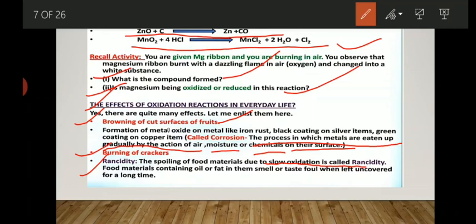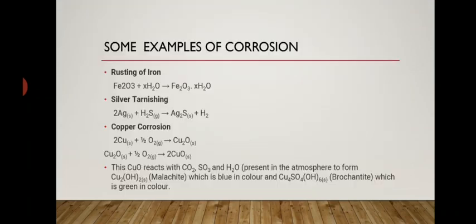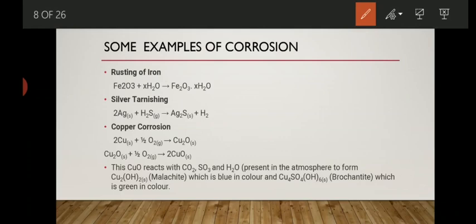Some examples of corrosion are rusting of iron. We often see that whenever iron comes in contact with moisture, it immediately forms a reddish brown layer on the top surface of the iron metal, and that is called rust.